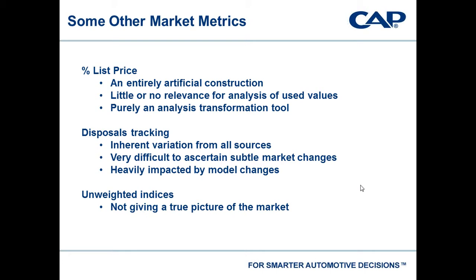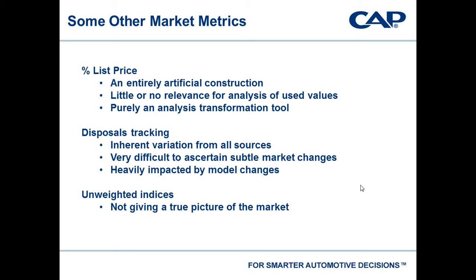You do often see reports, particularly from the auction companies. They particularly like to do this. Disposals or sales value tracking. You'll often get the articles in Fleet News or whatever, your market's prices have gone up 3%. It very rarely has much relevance to what's happened in the used market because there is so much variation that is inherent in that data.